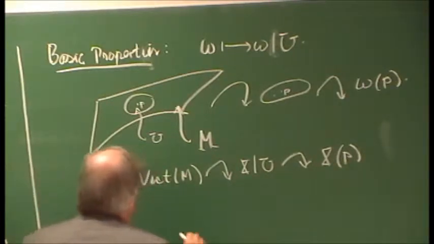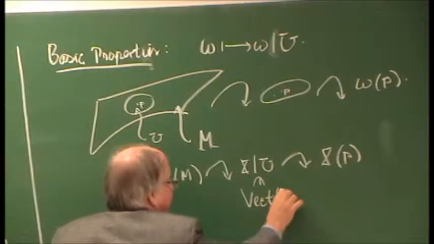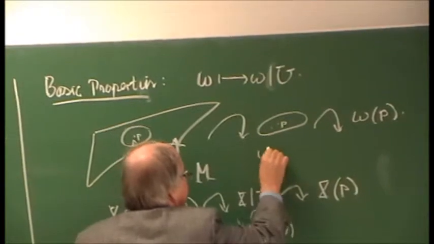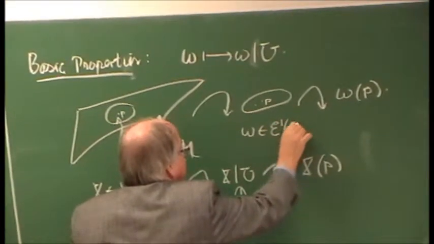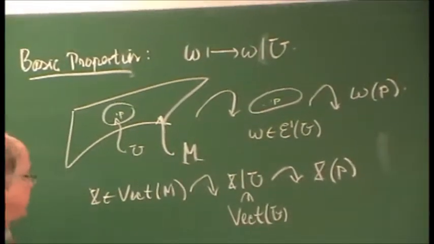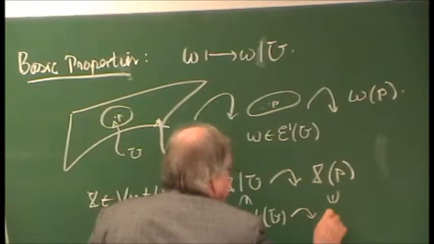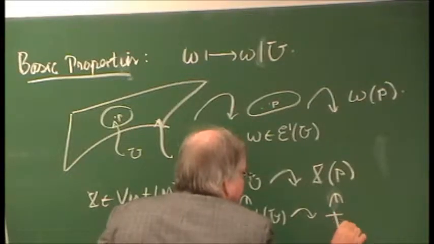To be very precise, this thing is a vector field on the open set. And of course, omega restricted is a one form on the open set, so the restriction from a global one form is just a one form on the open set. And when you restrict to a point, this thing is a tangent vector, so it is in the tangent space at that point.